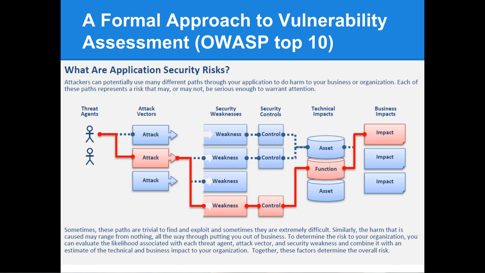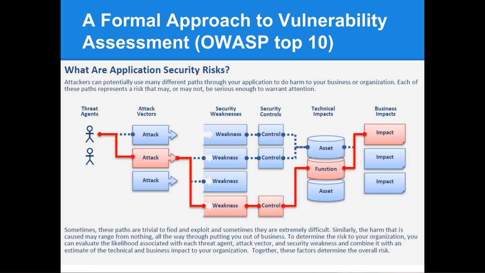So, in order to formally explain what is vulnerable and how and what the impact is, there's a good methodology that's here on this slide that is proposed by OWASP and is titled The Formal Approach to Vulnerability Assessment in Web Application Security.